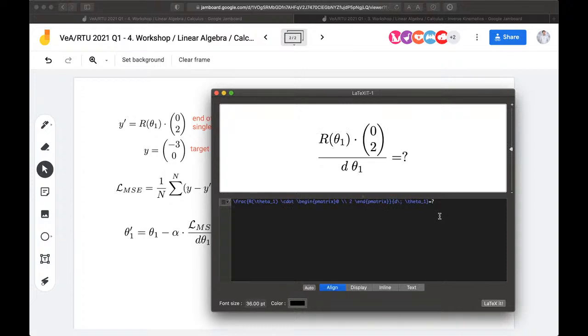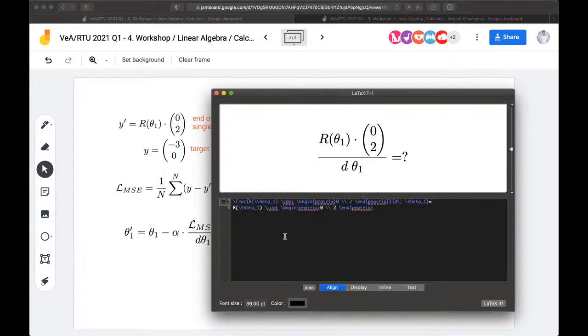Okay, so to get that derivative, basically what we need to do is that, of course, the multiplication part does not change, so the multiplied constants stay the same.